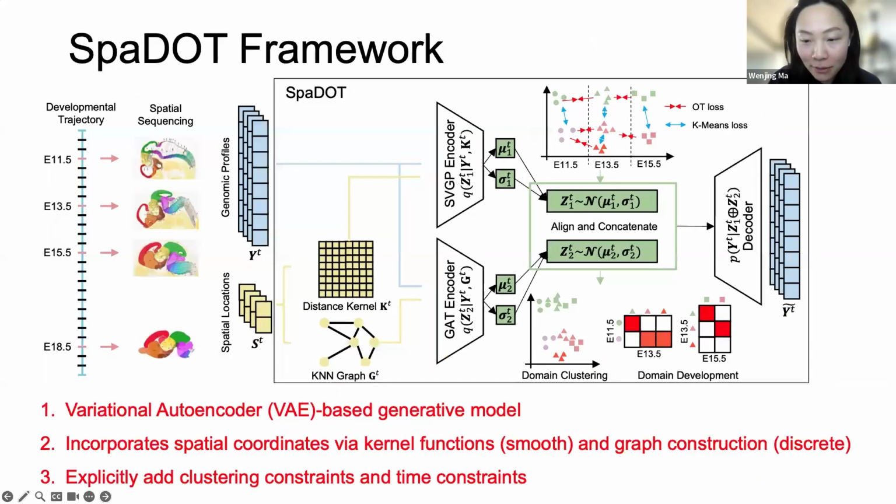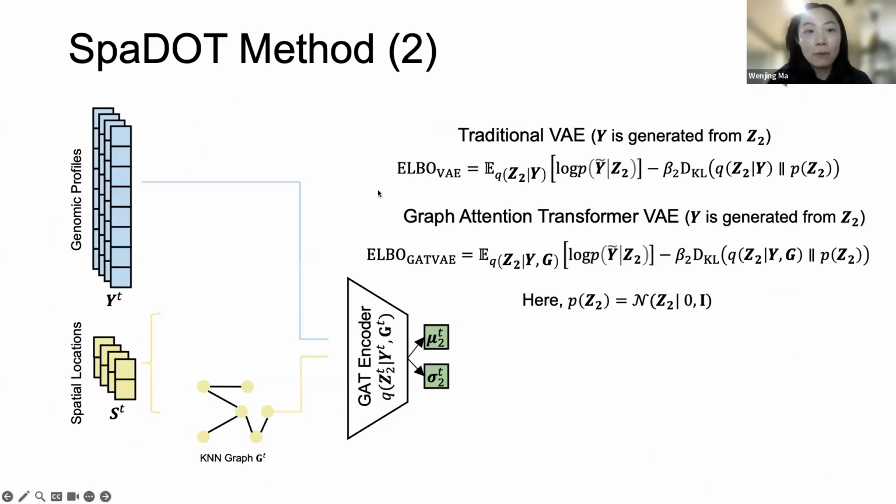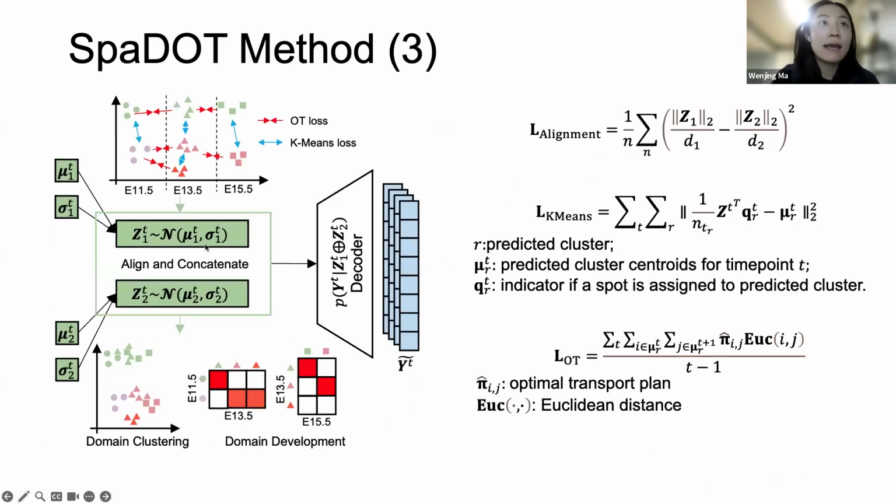So let's come back to here. As I mentioned, I try to obtain different latent embeddings from these two different fractures, and then after obtaining the parameters from the variational autoencoder, I try to align them and connect them. The alignment is basically for adjusting the scales learned from different infrastructures. After obtaining the latent space, I perform a clustering method where we simply use k-means and apply a k-means loss.